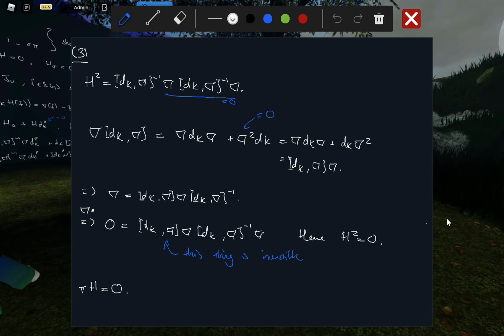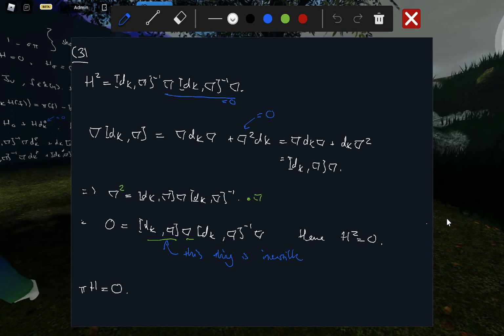Sorry, no, that wasn't very clear. So multiply on the right by nabla to obtain this line. And then this thing is invertible, or this thing is 0.